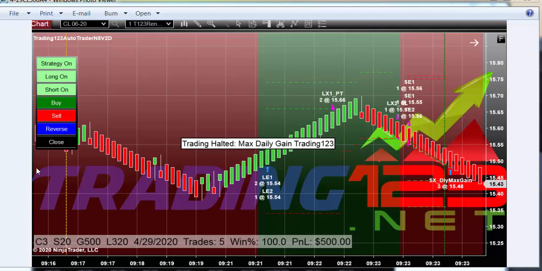This is pretty much the downtrend that we had the last trade in. So we reset it, which takes roughly 10 seconds. All you do is check a box, uncheck it, and the strategy is ready to go. It takes 20 seconds or so to load, and you're ready to roll.